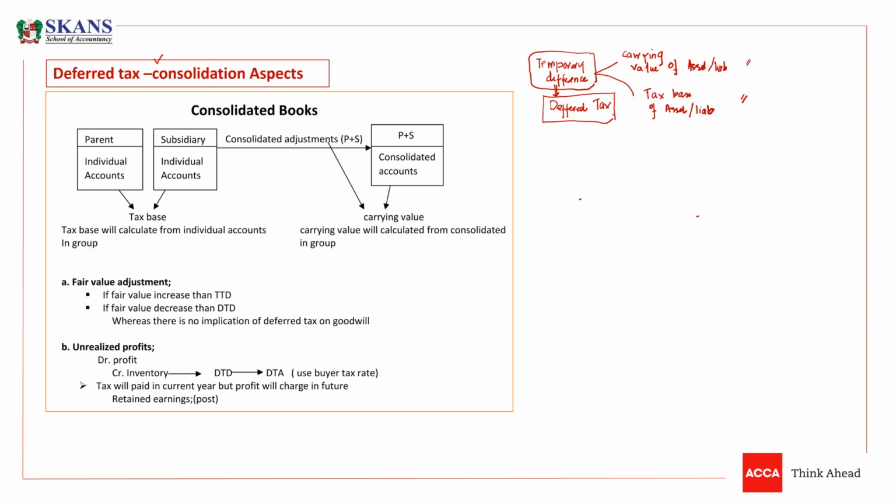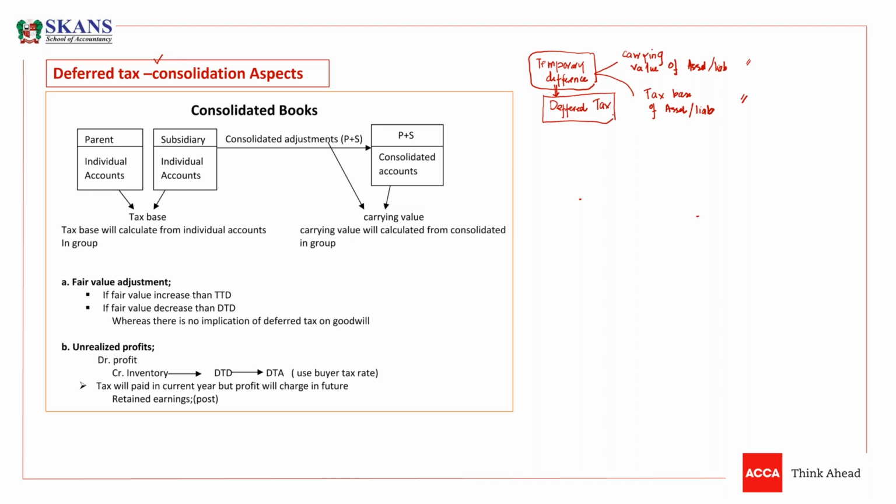The one is goodwill. Yes, we will not apply any deferred taxation on goodwill. But other than goodwill, in consolidation, we need to book deferred taxation on each and every item. Further, let's understand what we are going to do.